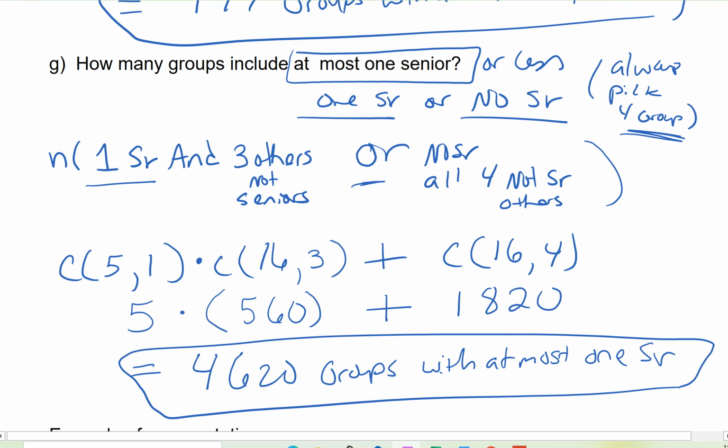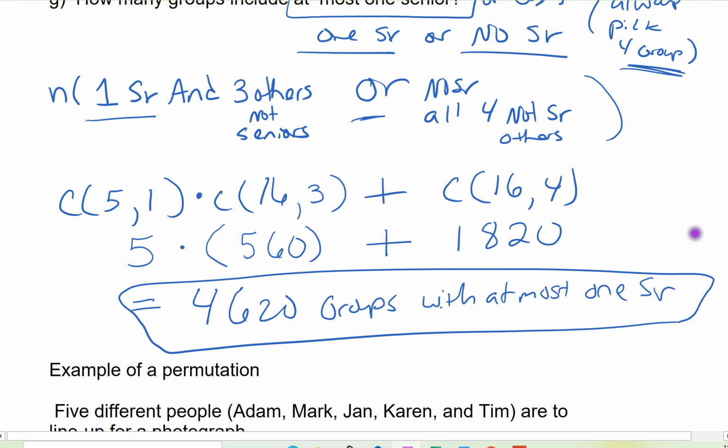Whenever you see where we're selecting a group of people, and there's no rank to them, whenever it's a committee of people or a subcommittee of people, it can also be groups of items too, as long as there's no distinguishing feature between them. It's the combination type, so it's this type of example. Alright, so make sure you look it over and understand this combination type. The next one is I'm going to look at a group of people where it's a permutation type, where order does matter. Alright, so let's stop there and we'll pick that up in the next set of notes. It will be the permutation type.